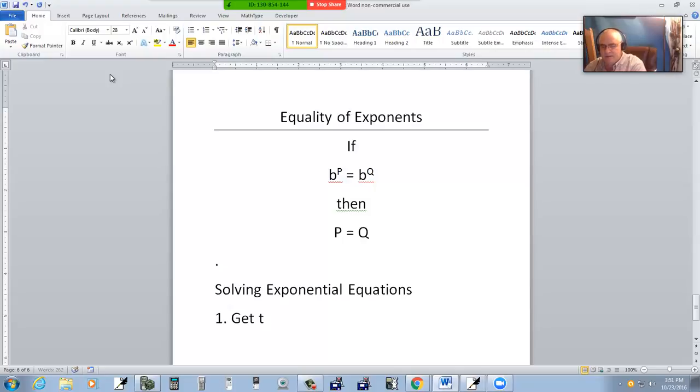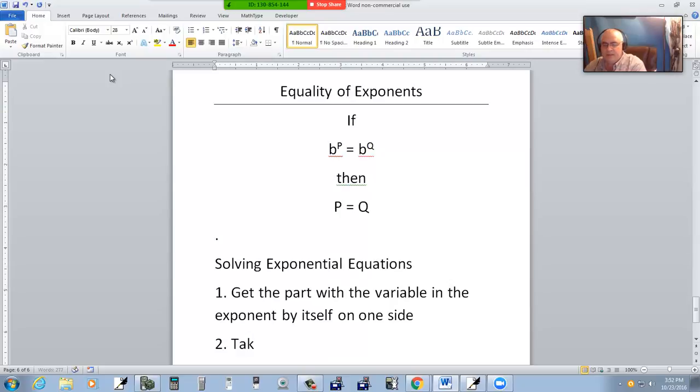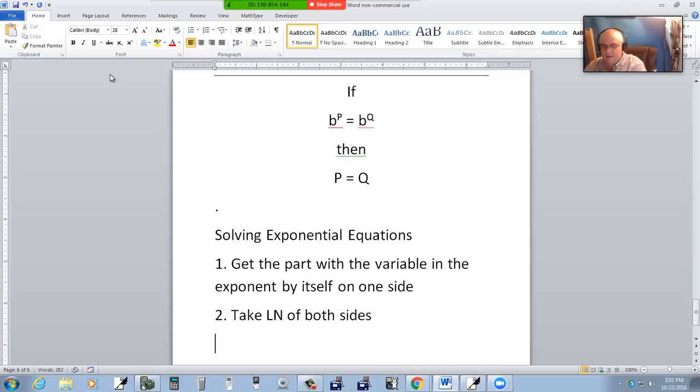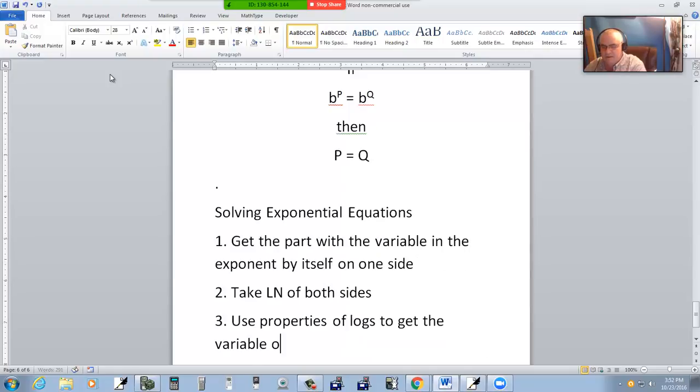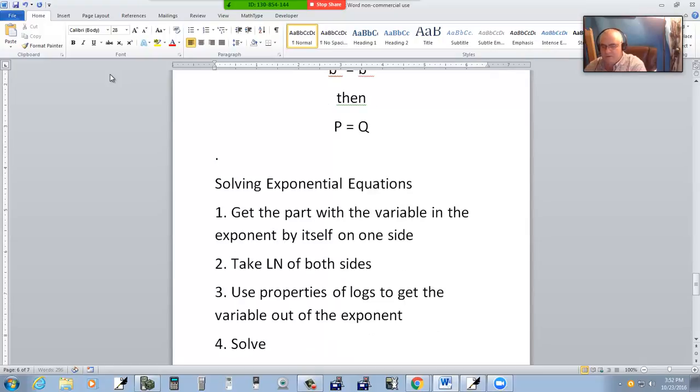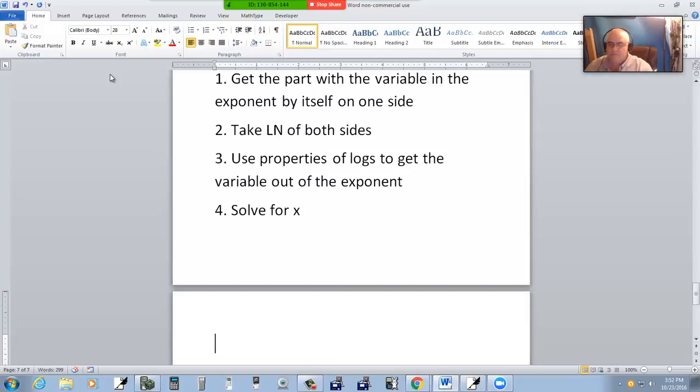First step, get the part with the variable and the exponent by itself on one side. Step 2, take a natural log of both sides, ln. Step 3, use properties of logs to get the variable out of the exponent. Step 4, solve for x, or whatever variable you're dealing with.